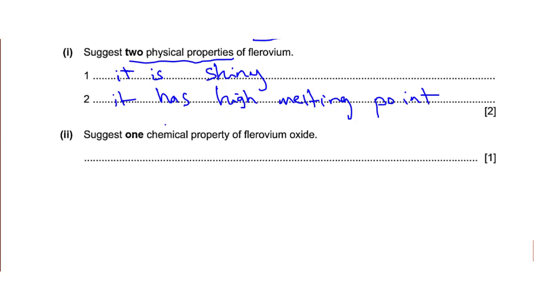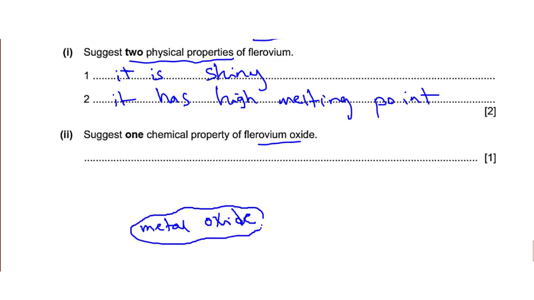Okay. Here, the last question, E two, suggest one chemical property of flerovium oxide. Okay. Flerovium oxide, actually, flerovium is a typical metal. So flerovium oxide refers to a concept called a metal oxide, right? So it's a metal oxide. So what is the property we can suggest for any metal oxide?